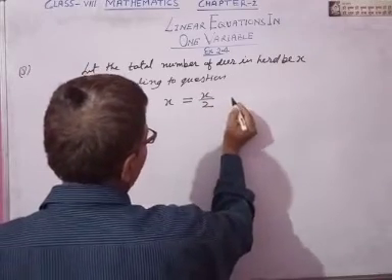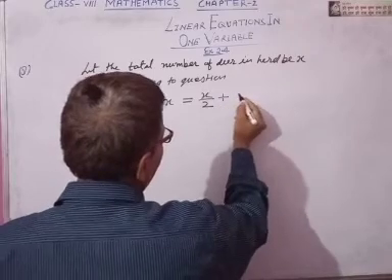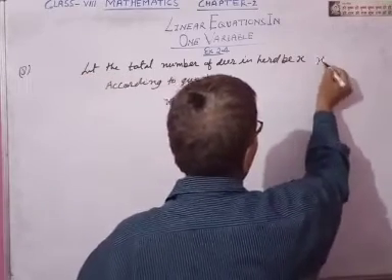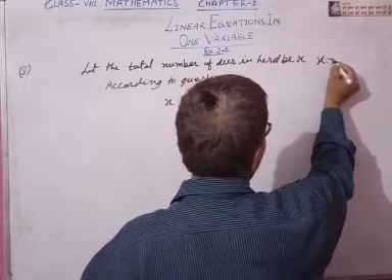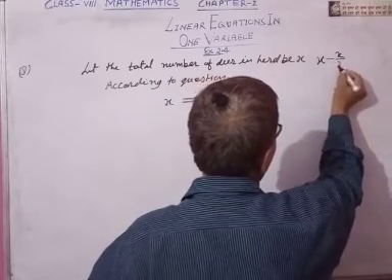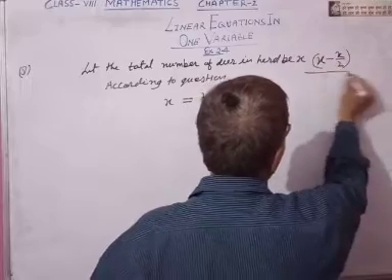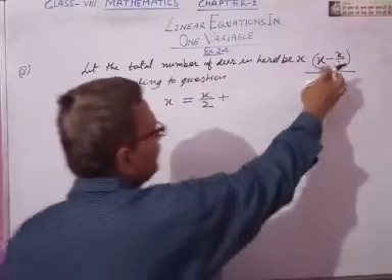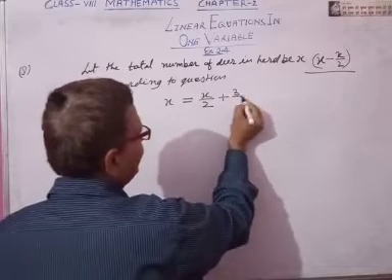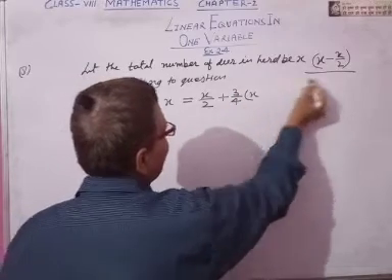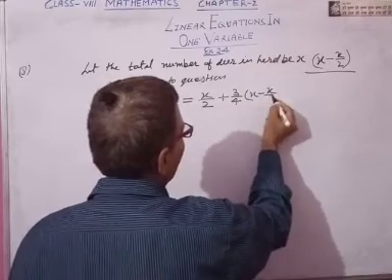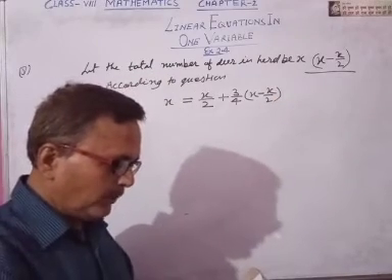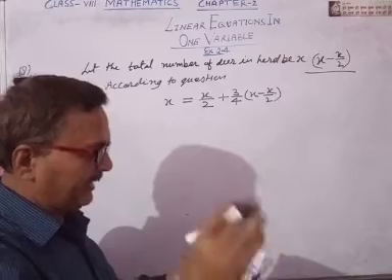Total deer is x, half are grazing, and the remaining will be this. 3/4 of the remaining means x minus x by 2. 3/4 of the remaining are playing nearby.